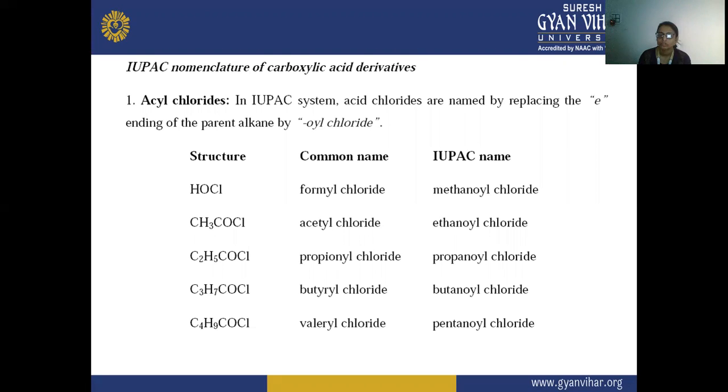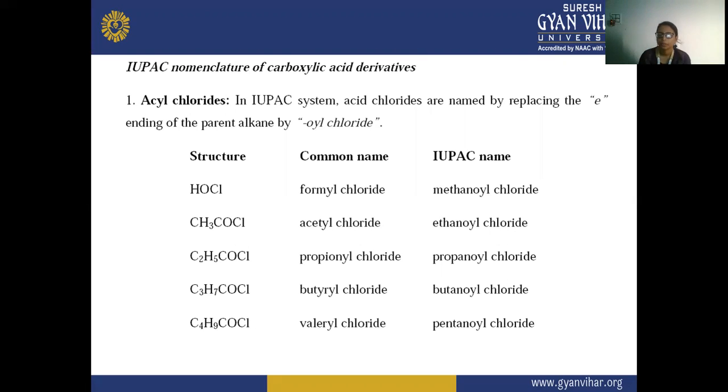So in the second, this is CH3COCl. So here there are 2 carbon atoms attached to it, and there is a formation of ethanoyl chloride. So in IUPAC, its name is ethanoyl chloride, and its common name is acetyl chloride, given with the 2 carbon atoms.